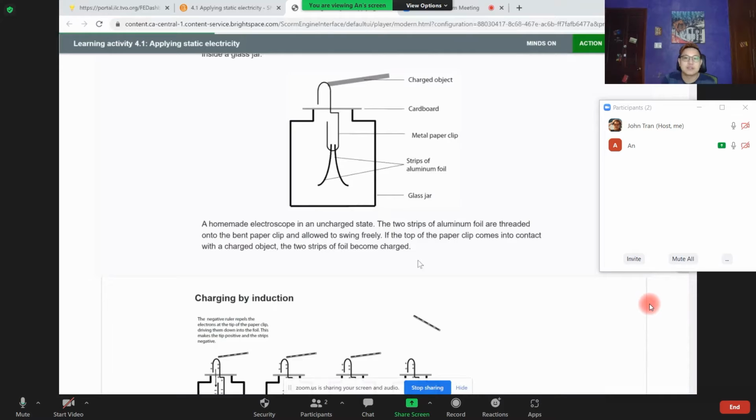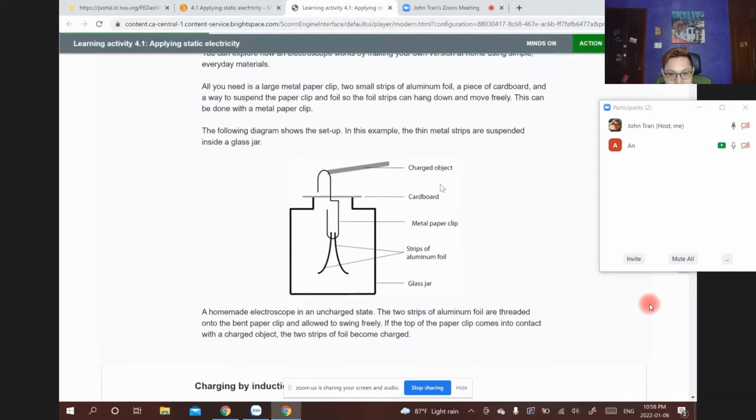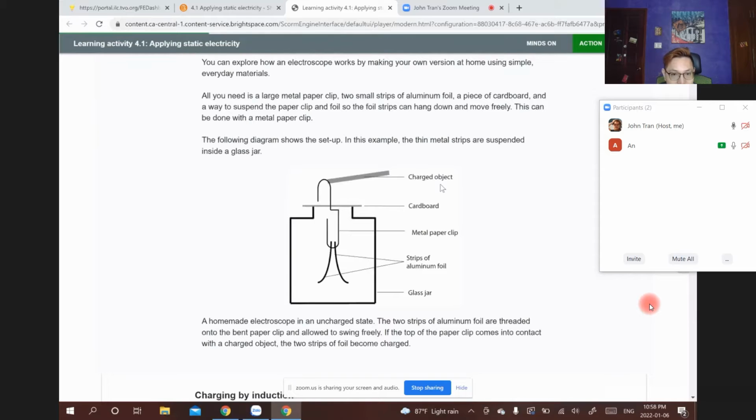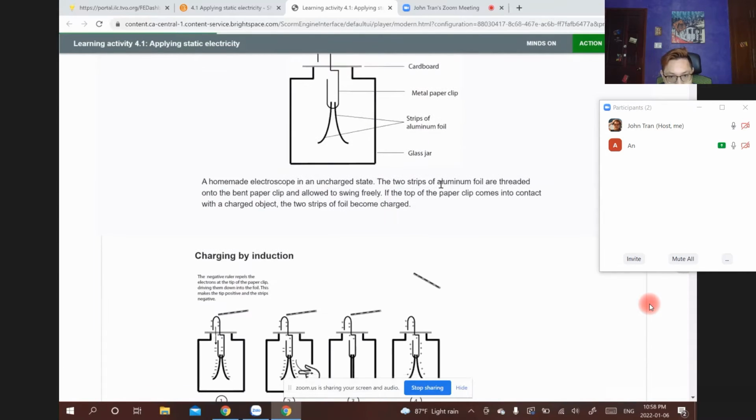Alright, so a homemade electroscope in an uncharged state. The two strips of aluminum foil are threaded onto a bent paper clip, and allowed to swing freely.